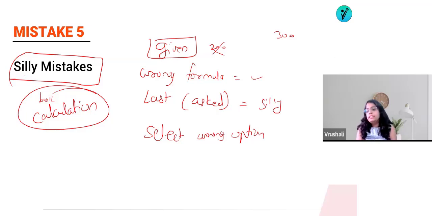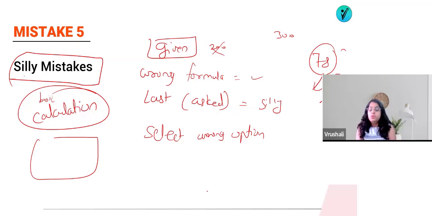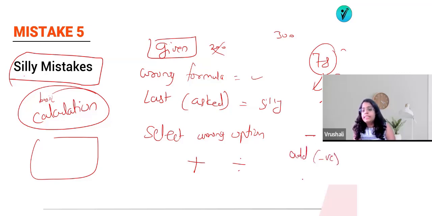Means you have solved it correct on paper, but suppose you required the square of 70, you have found it correctly, but while putting this value in the equation, you put a wrong one. Even sometimes the sign is a plus, but you solve it as a divide. Sometimes there is a minus. We know that whenever both signs are minus, we do the addition and we give the negative sign. But you forgot it, you take it as a plus, and you do the subtraction. And this is a silly mistake.